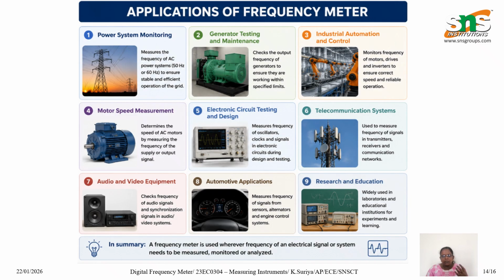So the digital frequency meter is an important electronic measuring instrument used to measure signal frequency accurately and efficiently. It works based on pulse counting and uses advanced digital techniques for precise measurement. These instruments are widely used in applications like electrical systems, communication engineering, testing laboratories, industrial applications, special motor speed measurements, electronic circuit testing and design, telecommunication systems, automotive applications, research and education, and so on.